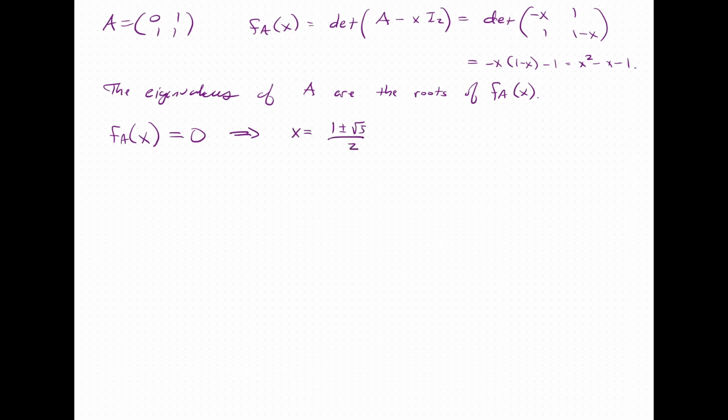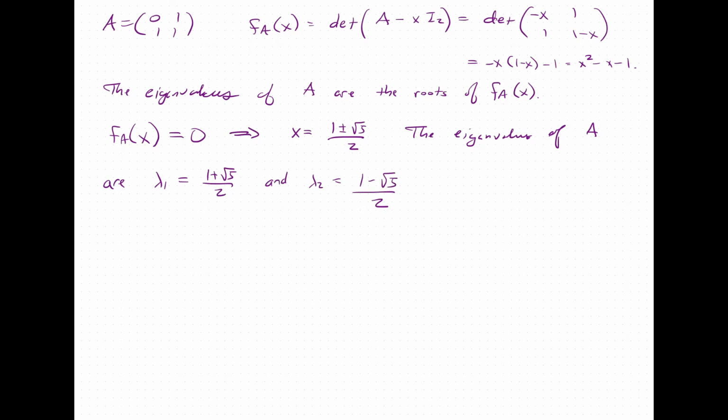So the eigenvalues of A are lambda 1, 1 plus root 5 over 2, and lambda 2, 1 minus root 5 over 2. So we got our eigenvalues.